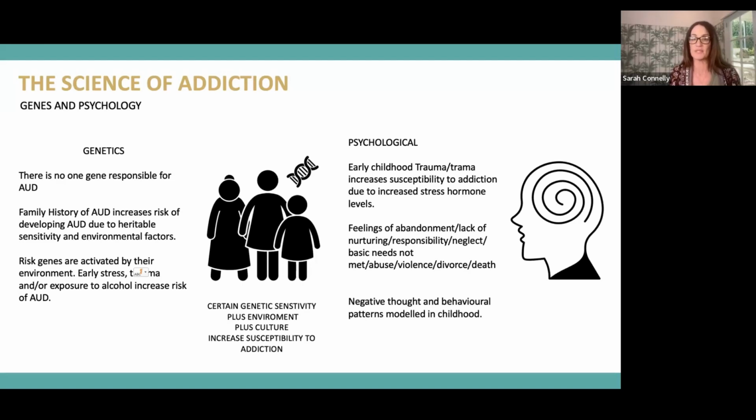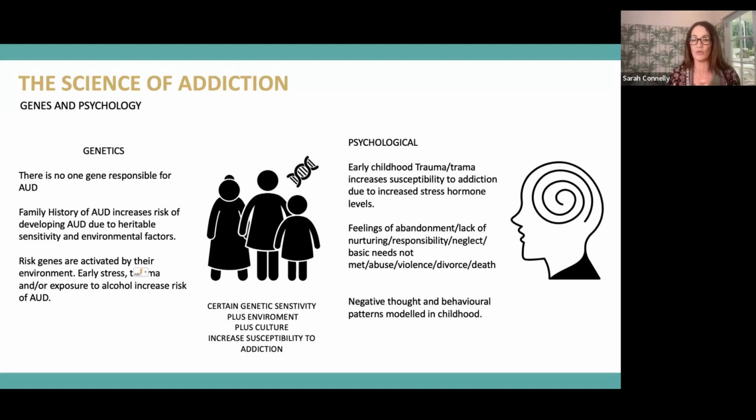patterns. From a psychological perspective, early childhood trauma, and the reason there are two there is that the capital T trauma is significant things like abuse, neglect, divorce, death, sexual abuse. Those types of things fall under the capital T trauma.